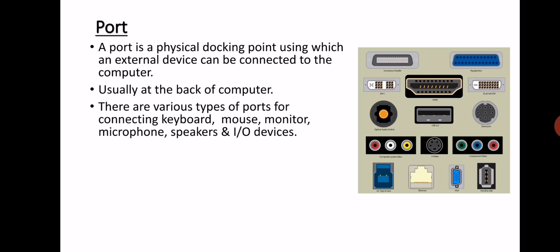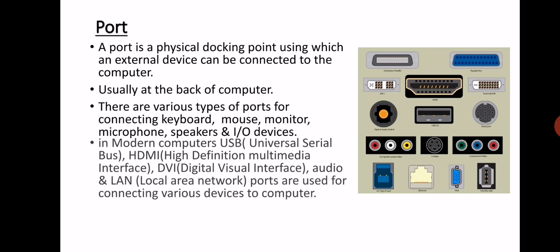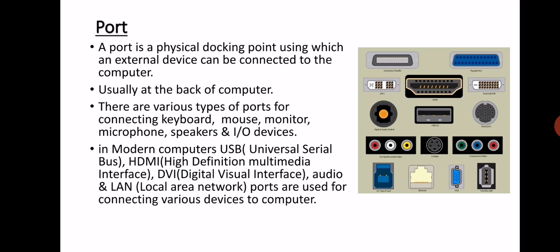There are various types of ports for connecting keyboard, mouse, monitor, microphone, speakers, and input-output devices. In modern computers, USB, that is Universal Serial Bus, HDMI, that is High Definition Multimedia Interface, DVI, Digital Visual Interface, audio, and LAN ports are used for connecting various devices to computer.